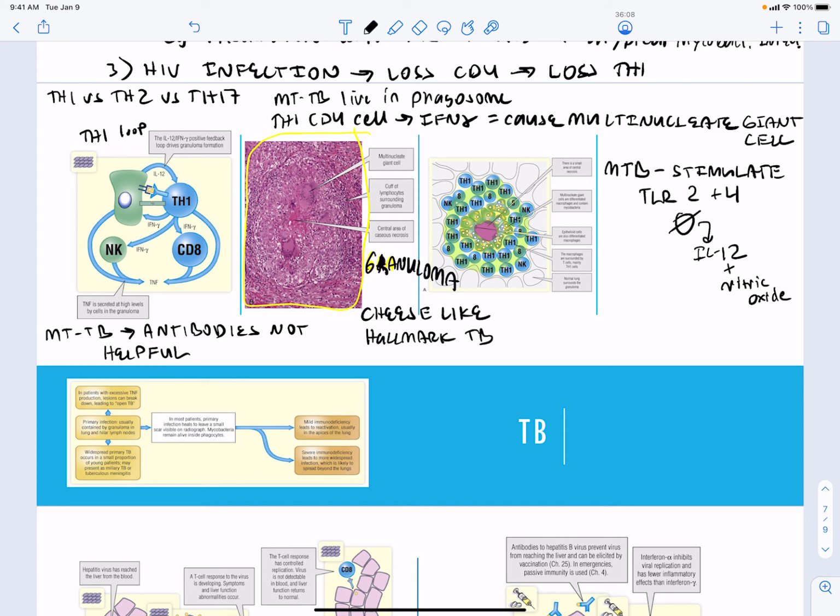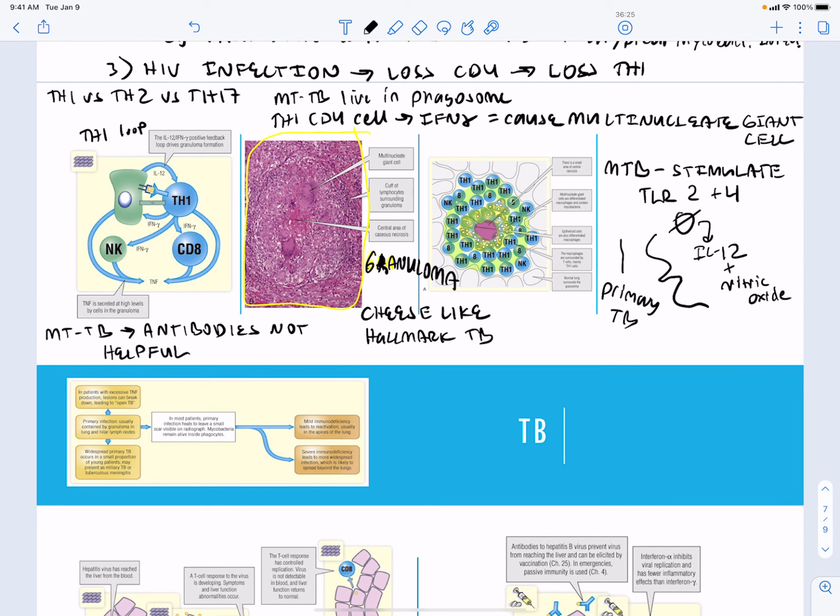Most people are going to have a primary TB that goes latent. And latency is basically the CD4 T cell macrophages are able to keep the bacteria in check so it can't overgrow. Latency can lead to reactivation.